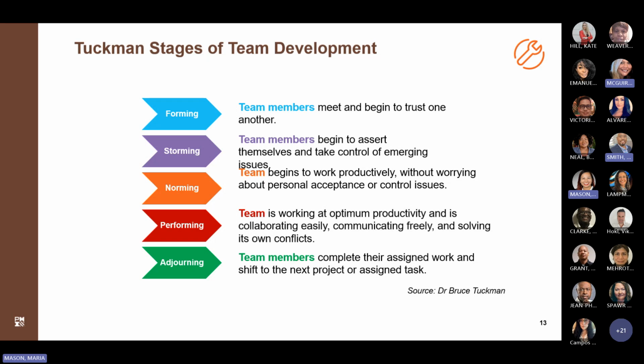And so, how do you fit in as the project leader? Well, during a project, teams can sometimes get stuck on a particular stage or even revert back to an earlier stage. It's especially likely after a disruption, such as a new team member joining or leaving, or perhaps a change or shift in roles.